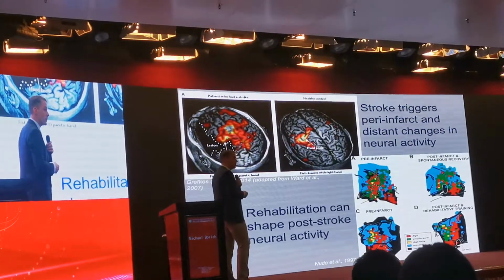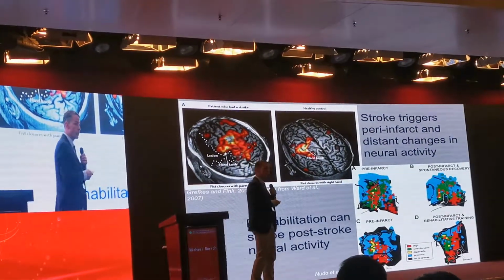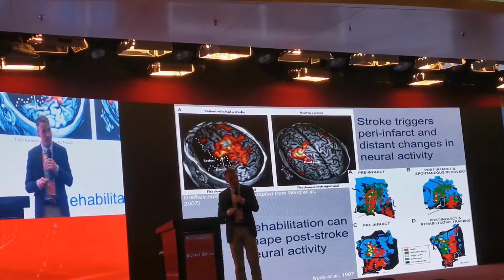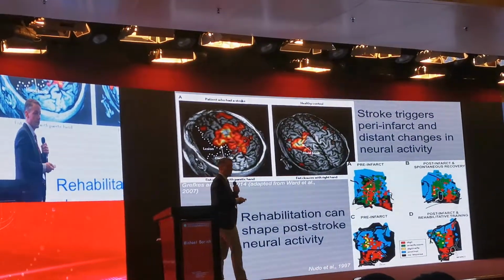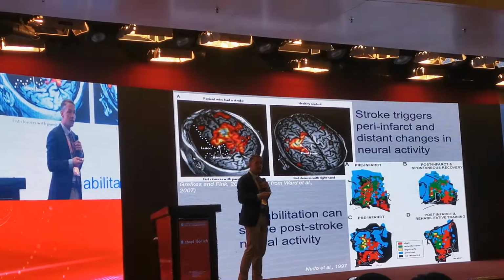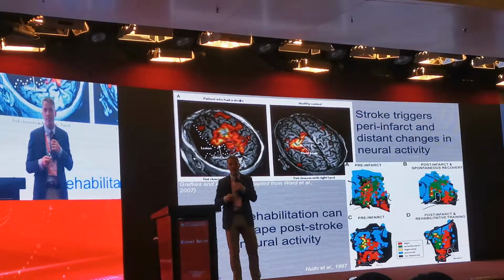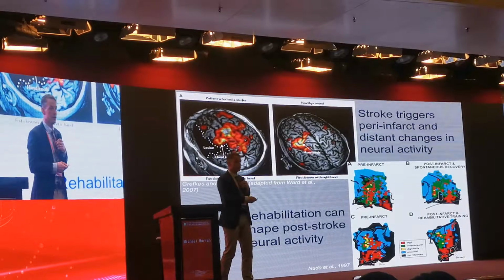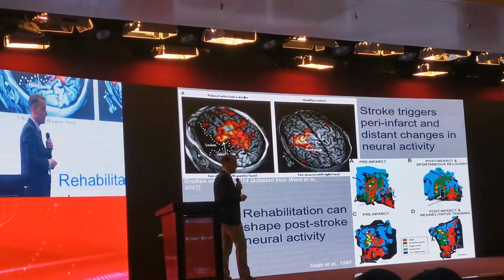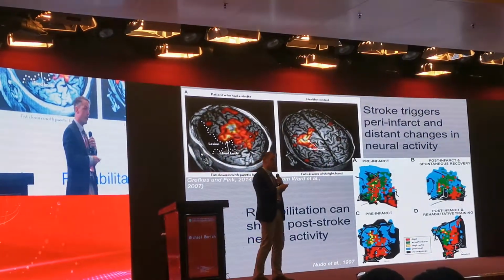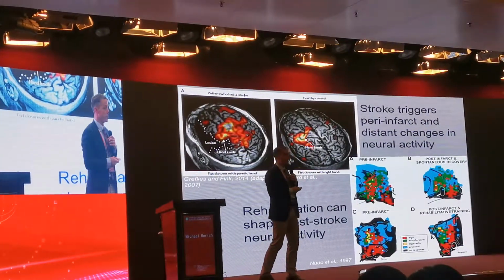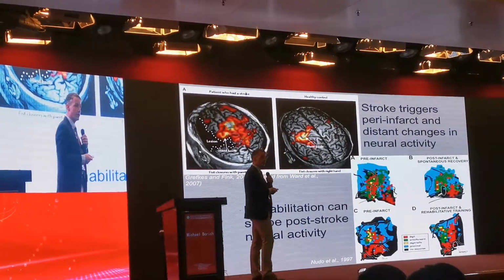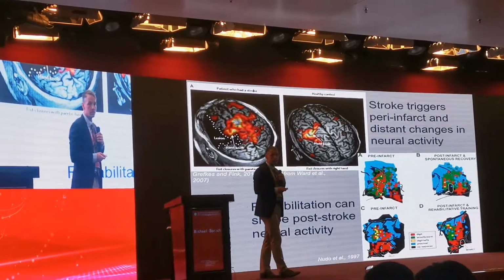And this was shown very early on in seminal work by Dr. Randy Nudo's lab at the University of Kansas in the States, showing that if you induce a stroke experimentally in squirrel monkeys, you get rapid remapping of the representations of the stroke-affected limb. And if you don't intervene, if you only allow spontaneous recovery to occur, you have these permanent changes in remapping that reduce the ability for the animal to perform skilled movements.